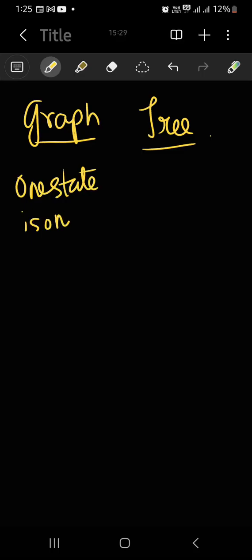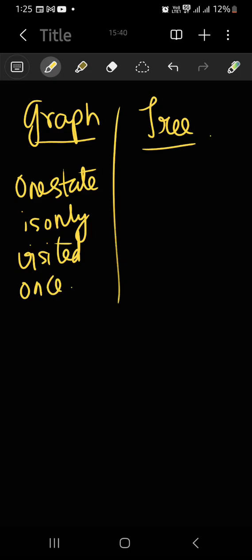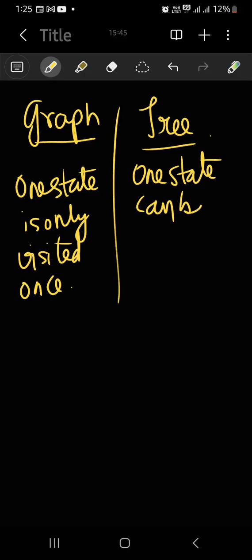That means no state is visited twice. No duplicate state is visited. And in tree search, one state can be visited multiple times. So this is the main difference.